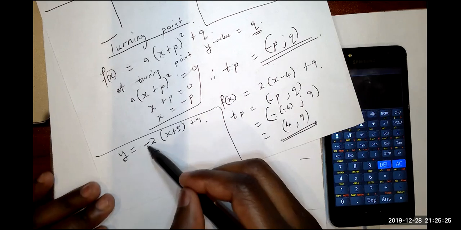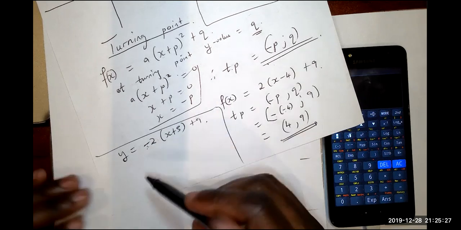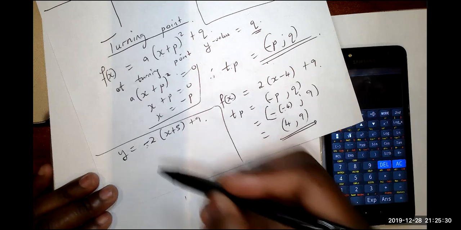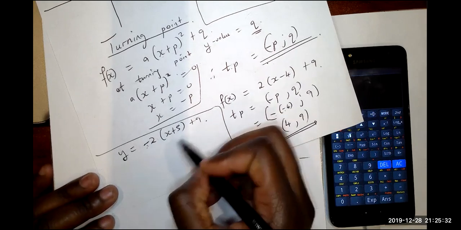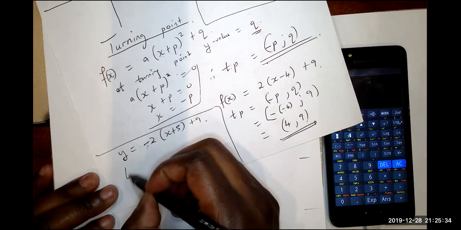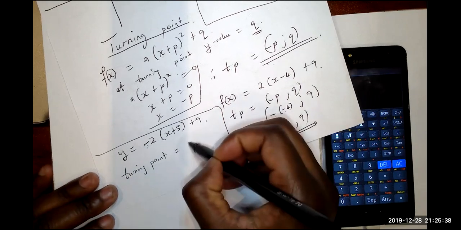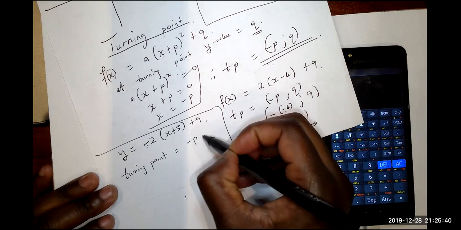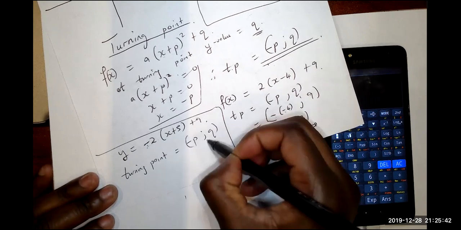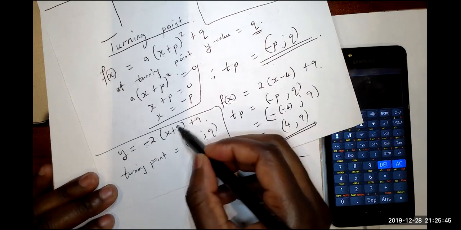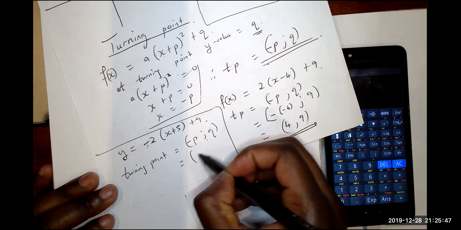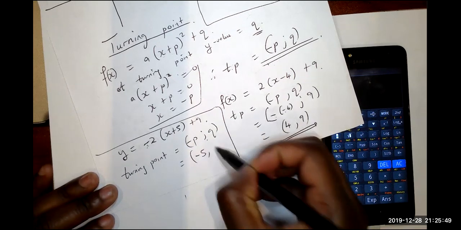In this case, if it is negative, it shows you that it's going to have a maximum value. So the turning point is equal to negative p, q. And what is p there? p is 5, so it's going to be equal to negative 5 and 9.